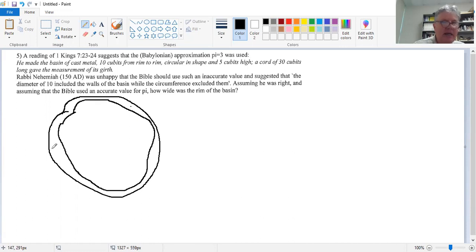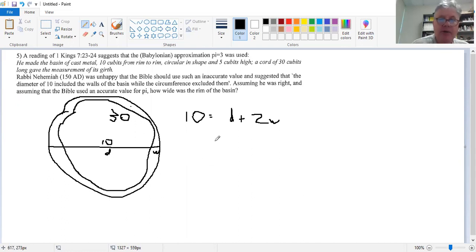Okay, and that the 10 diameter is for the outer, and that the 30 is for the inside. So 10 will equal the inner diameter, let's call that d, plus 2 times w, where w is this width here.